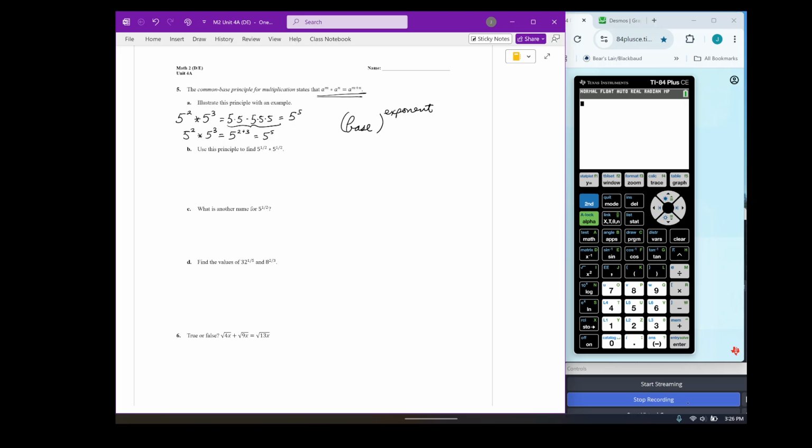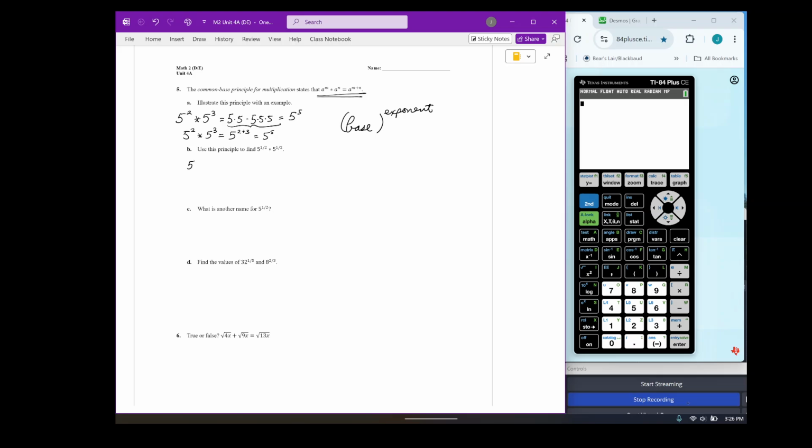And so then in part B, it says use this principle to find 5 to the half times 5 to the half. Now, we've never done fractional exponents in this class before. We've done negative exponents. If you remember, 5 to the negative 1 means 1 over 5. But this isn't a negative, this is a fraction.